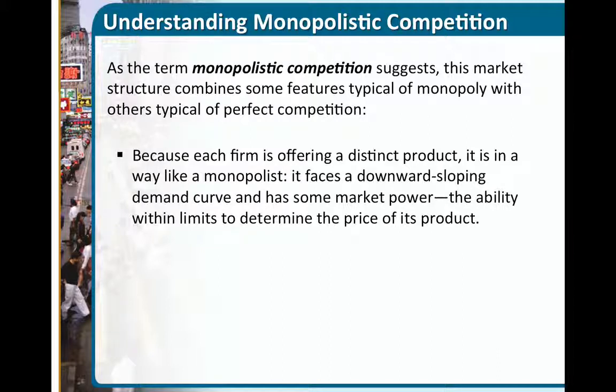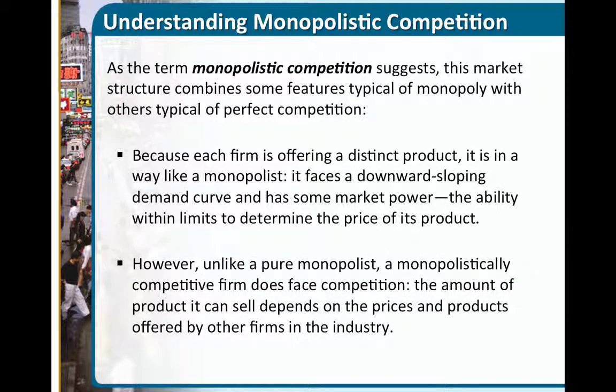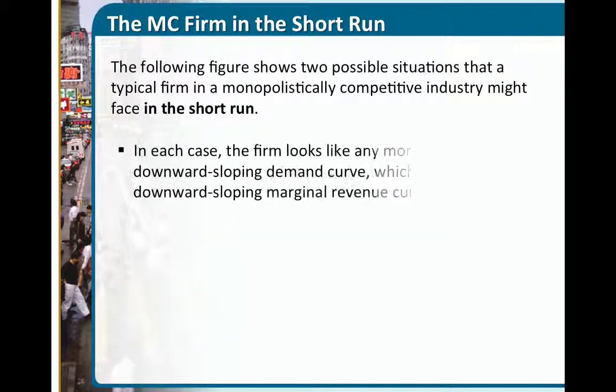So price is set above marginal revenue. So there is some market power. There are some limits to this power, but they can determine the price of their product. But there's a lot of competition, so how much of the product they sell depends on the price and the products offered by the other firms, which partially explains the downward sloping demand curve.